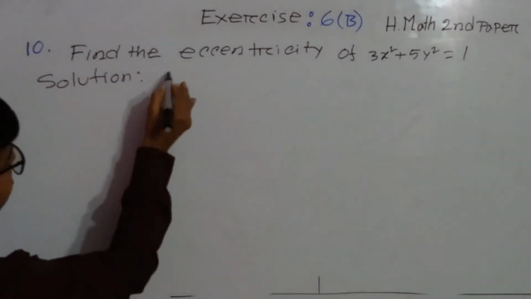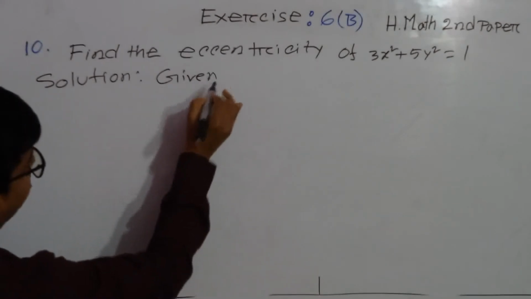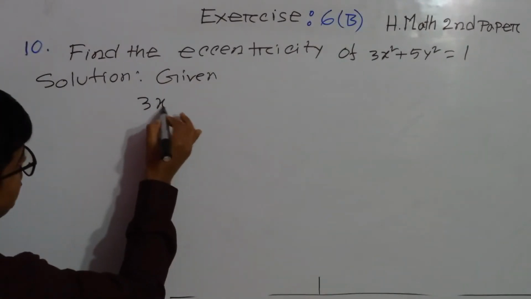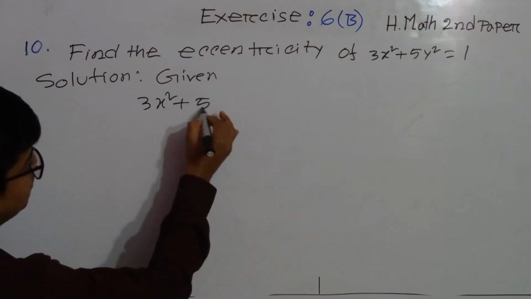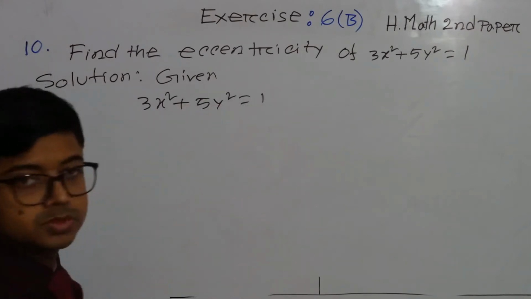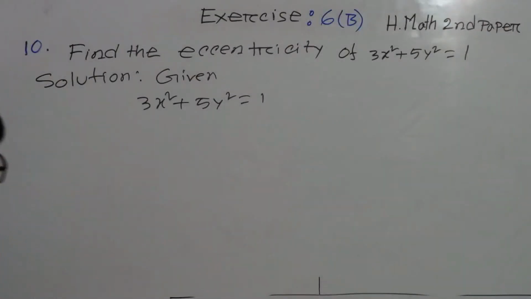Here given 3x squared plus 5y squared equals 1.